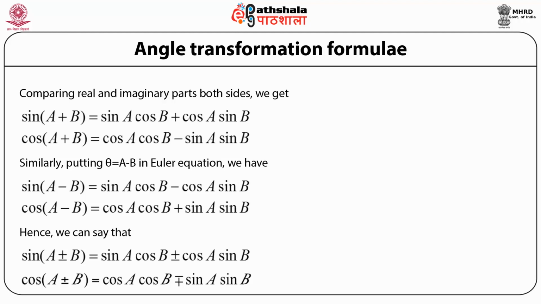If you see cos of A plus or minus B, it is equivalent to cos A cos B minus sin A sin B. You can see that a cos function always has two cos terms on one side, the sine terms are separate, and the sign is the inverse of the sine.